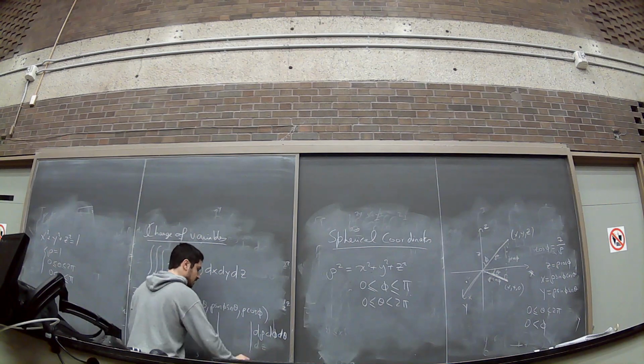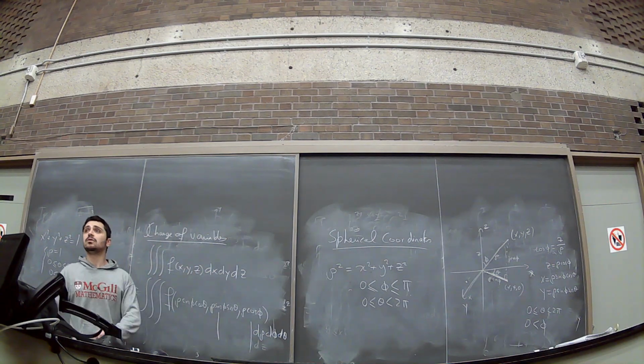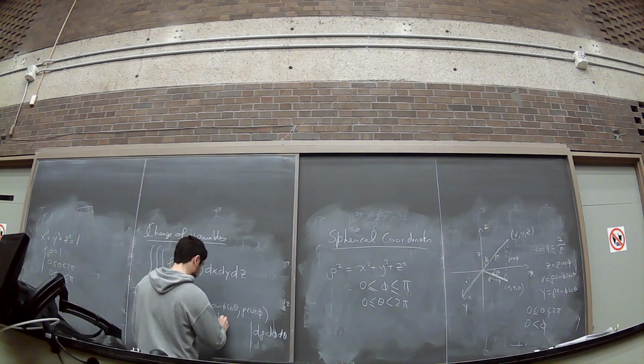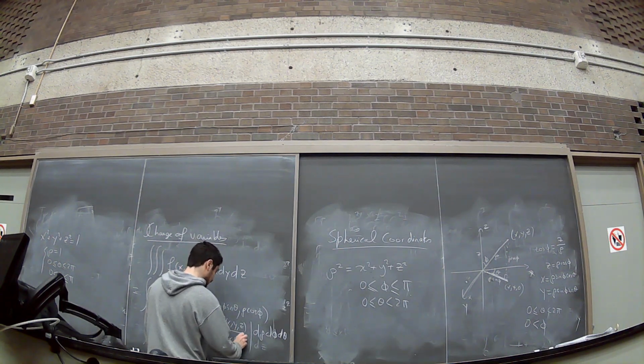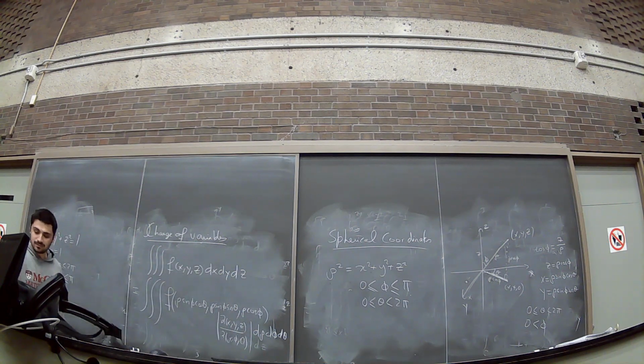What do I have when I do a change of variable? I have a Jacobian of x, y, and z with respect to rho, phi, and theta. Great.